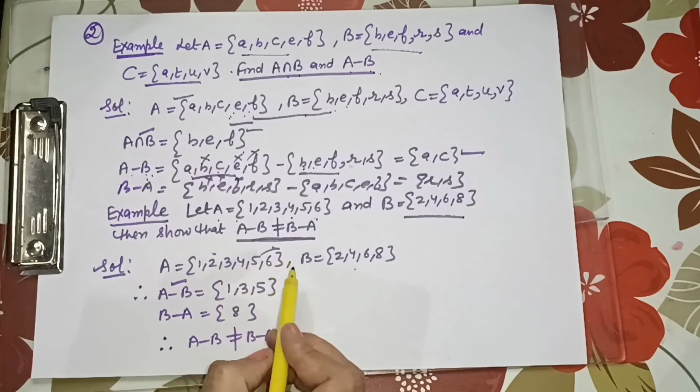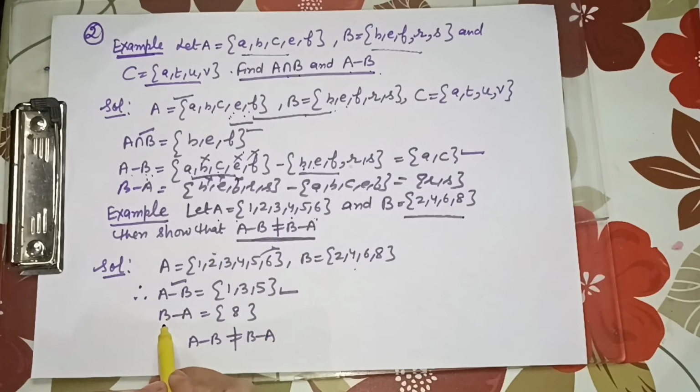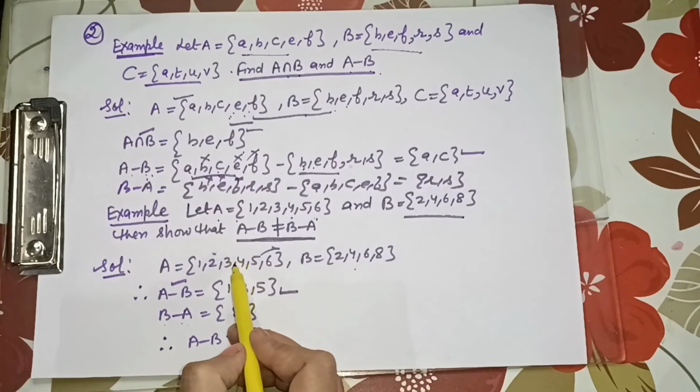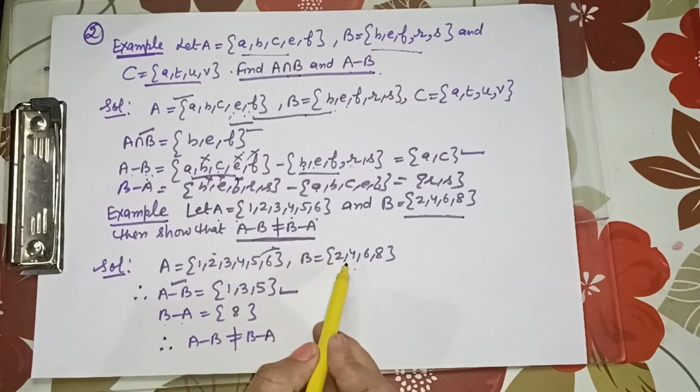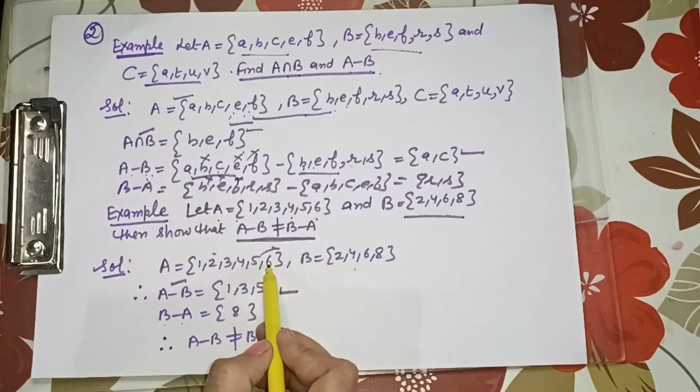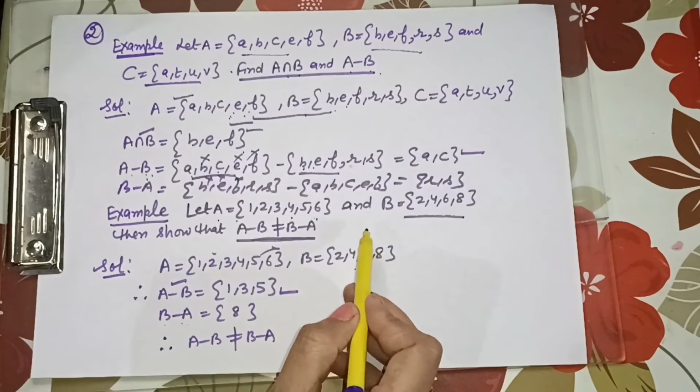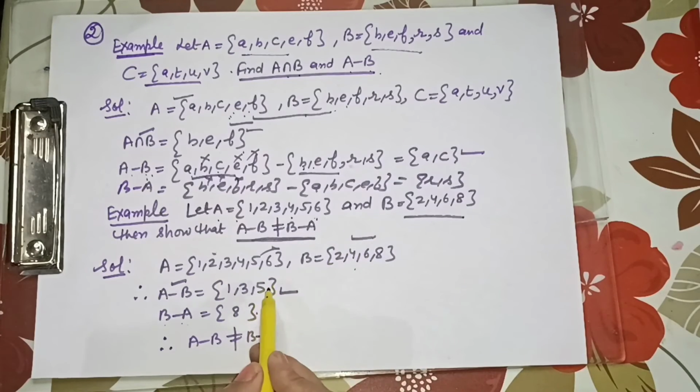Then the remaining elements are 1, 3, 5. If we calculate B difference A, that means we have to leave the elements of A in B. The common elements are 2, 4 and 6, which we will leave. That means the remaining element in B is 8. So we observe that A difference B is not equal to B difference A. We just have to check whether the answers are equal or not equal.